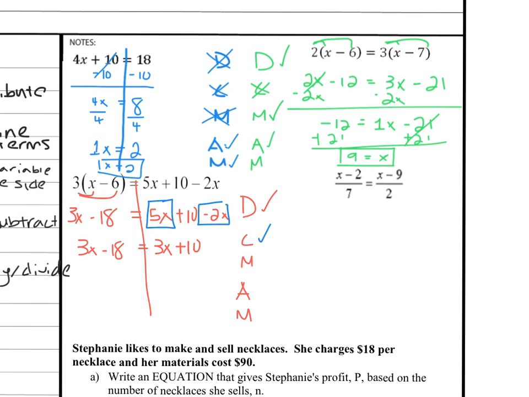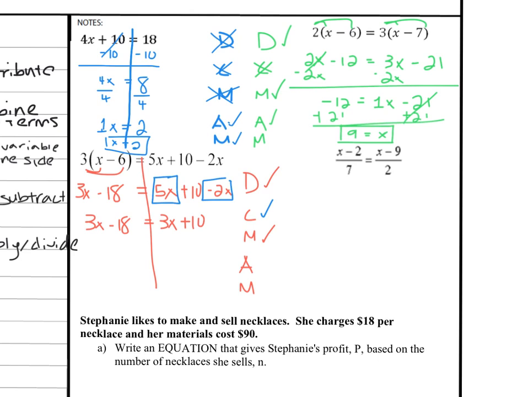And then I'm going to bring down everything on my left side. My next step would be to move the variable over, which I need to do in this problem. So I'm going to subtract this 3x, move it onto this side. 3x minus 3x is just 0, minus 18.